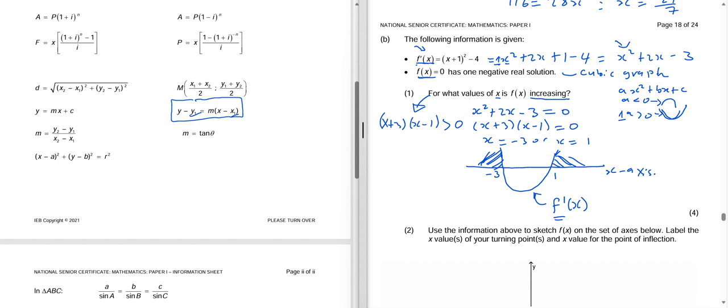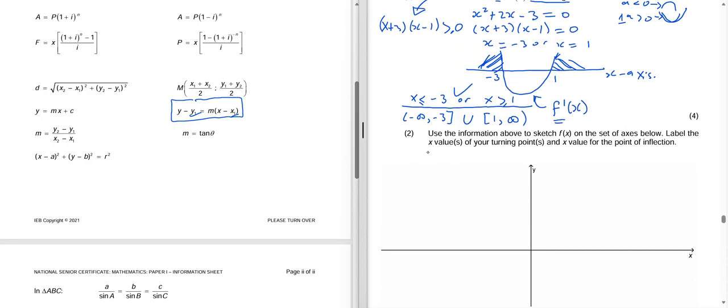Now, it means the x values are when x is less than or equal to minus 3 or x is greater than or equal to 1. If you wanted, you could have said minus infinity, minus 3, union 1, infinity. So it depends which one you like, but usually, in my case, I prefer the first one. It's less confusing. Now I'm done with the first part.